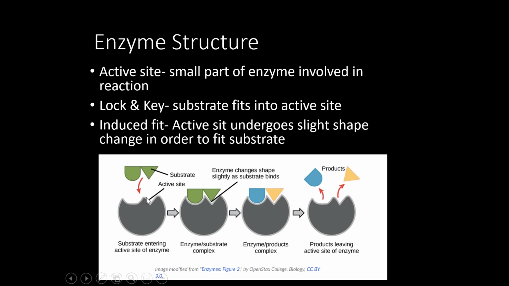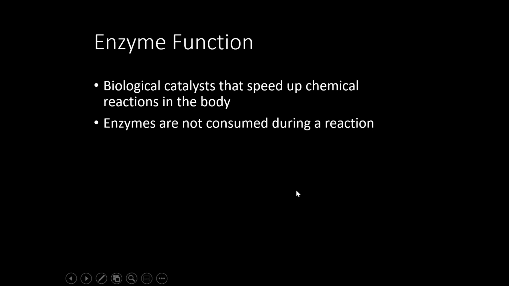However, as you can see here, it doesn't quite perfectly fit. So what we've modified this model to is to match what we call the induced fit. So the active site actually changes just slightly to better fit the substrate and allow for the chemical reaction to occur. What happens in order for the chemical reaction to occur, we'll get into in a few minutes.